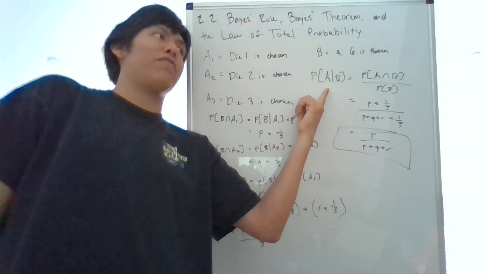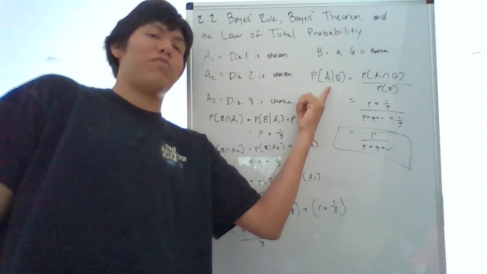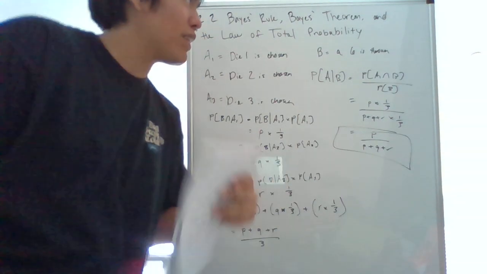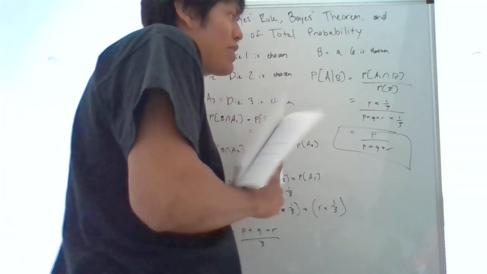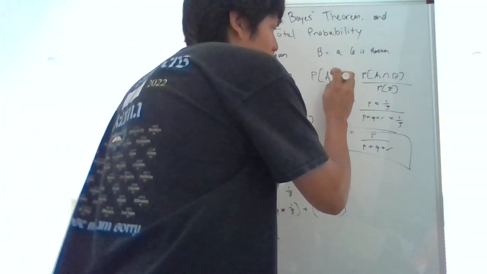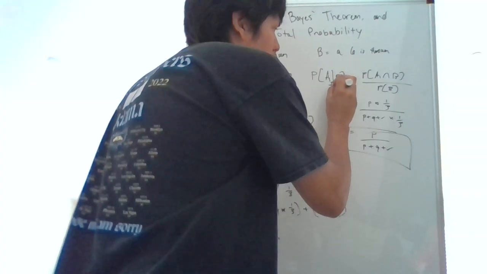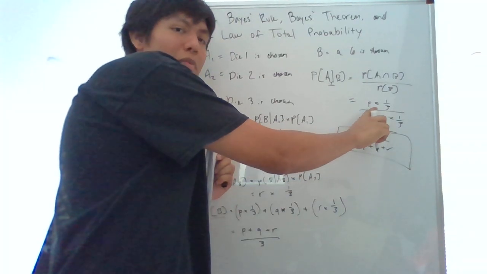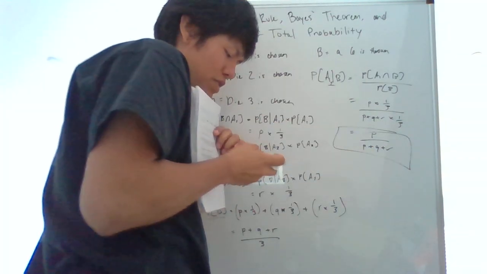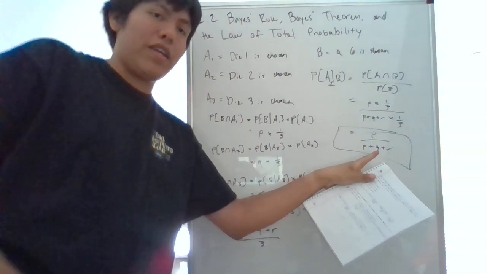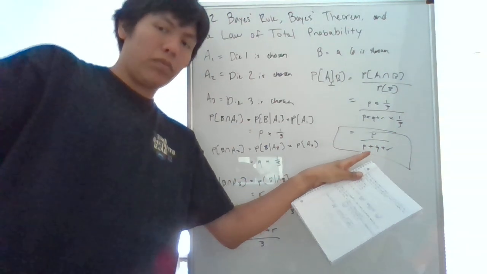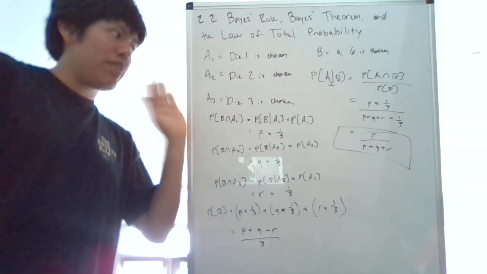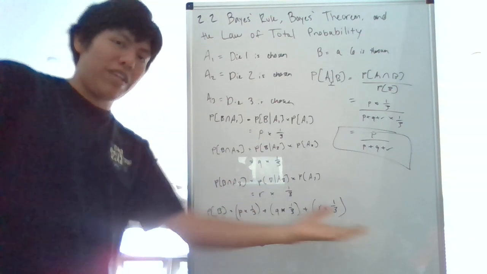If you were just doing the simplified version of Bayes' theorem, this would just be written as A given B. But in this extended form, this is A sub 1, there's a 1 right here. That's why that P went up top, P times 1/3, and also why it ends up as our numerator in the final answer. So this is just like Bayes' theorem, just a more extended form.